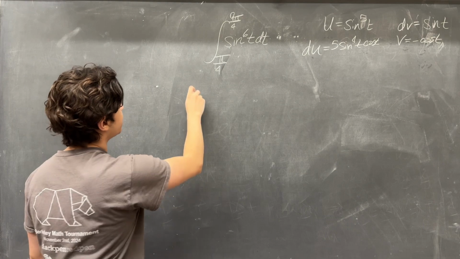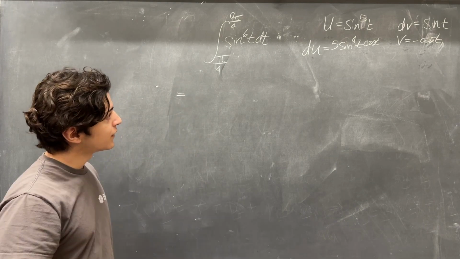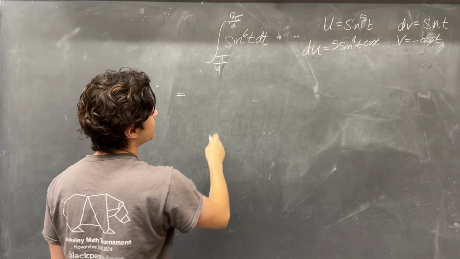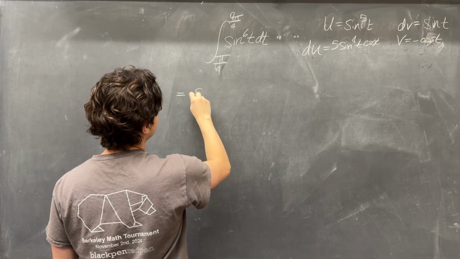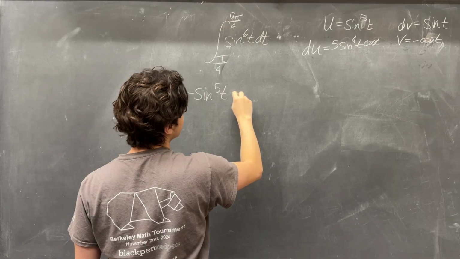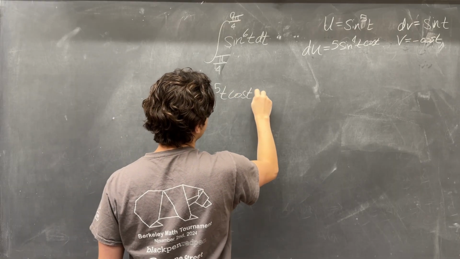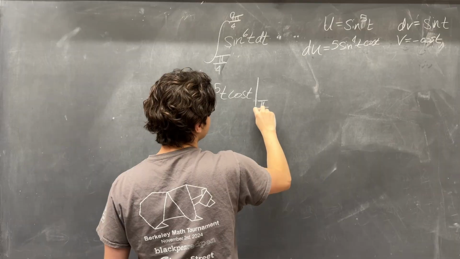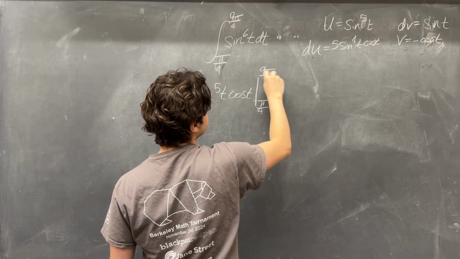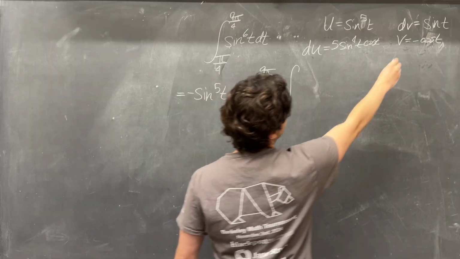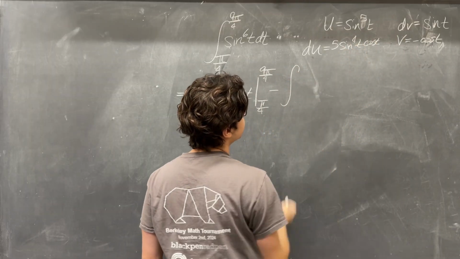Okay, so now we can apply the integration by parts formula. So remember, this is u times v, which will be negative sine to the fifth t cosine t, evaluated from pi over 4 to 9 pi over 4, minus the integral of v times du.